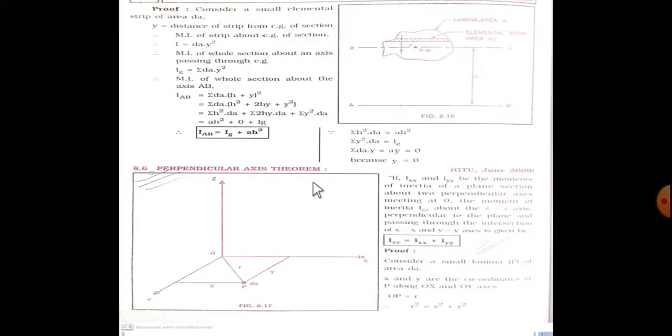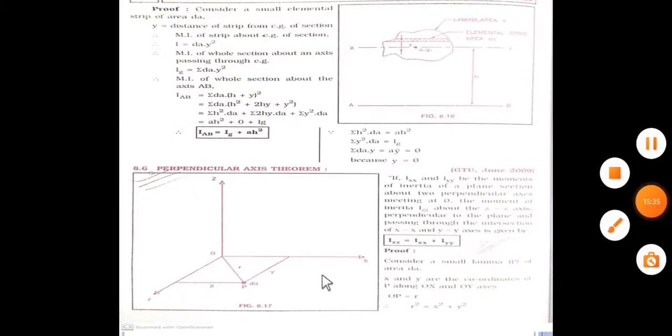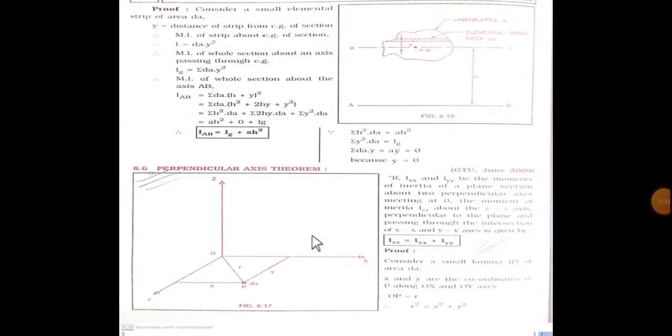So you have to memorize this theory, and it is most important for us. Another is the perpendicular axis theorem. In this case, the equation is Izz is equal to Ixx plus Iyy, and this is very useful for circular sections that rotate about the zz axis.